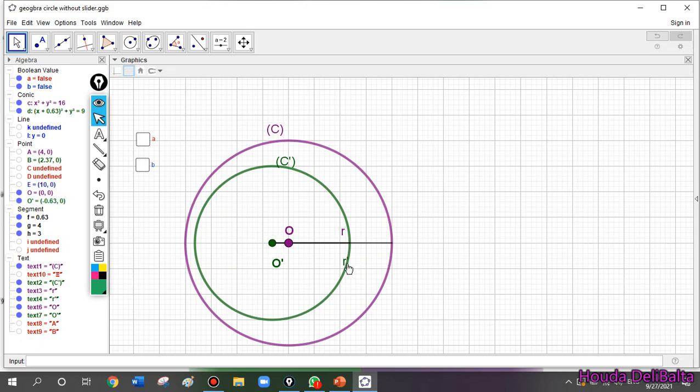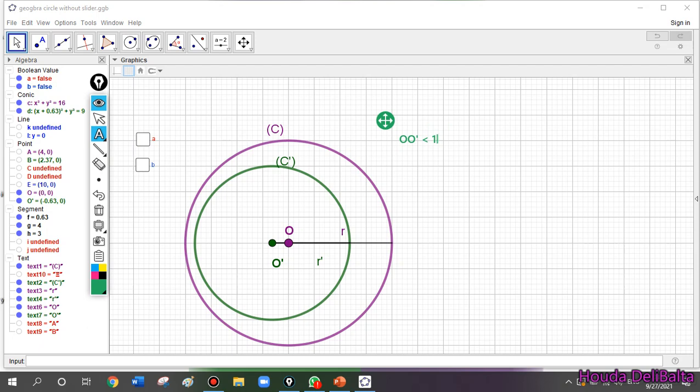Okay, now let's compare the distance between the two centers and the radii. O and O prime here are less than 1 centimeter apart. From here to here is 1, the side of this square measures 1 centimeter, while O O prime is less than 1.